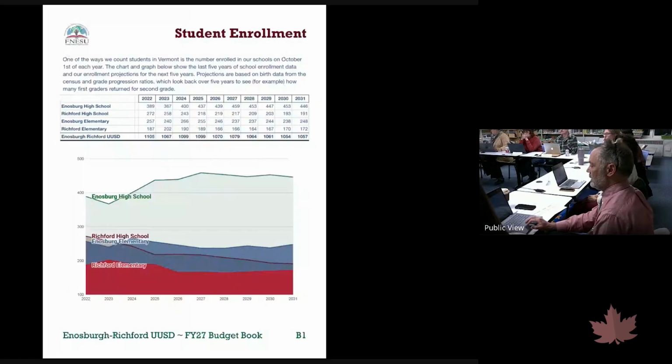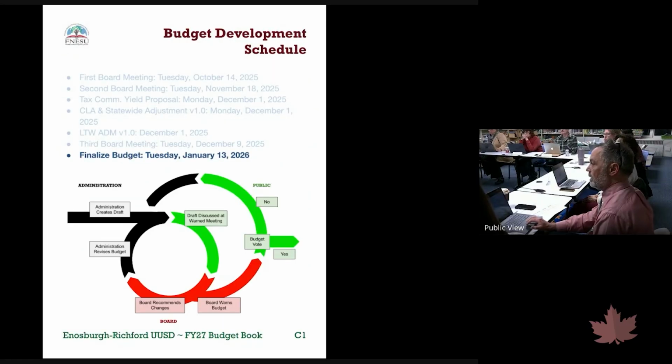If we go to the next one, we are at what is hopefully your last meeting prior to warning the budget, and the dates changed obviously on that. So we moved your meeting up a week in order to set your tuition rate before NMV has their meeting, because a big chunk of their budget is sending you tuition money.